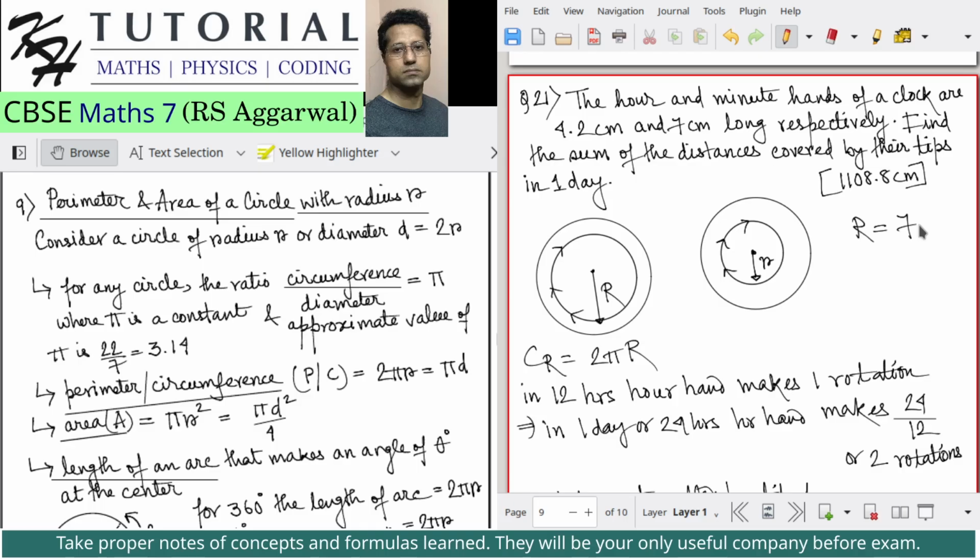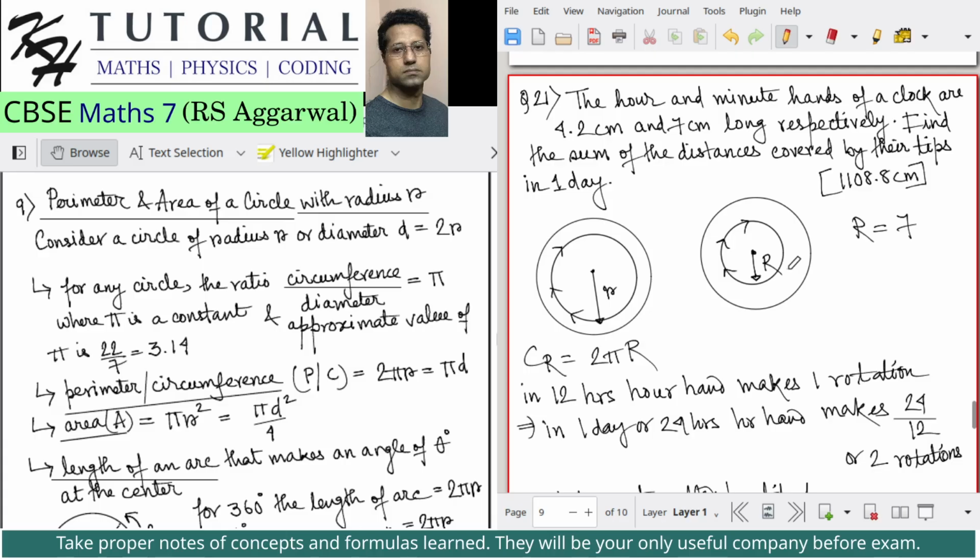Capital R should be used for the minute hand and small r should be used for the hour hand. So basically this should be small r and this should be capital R, even though small r is looking larger than capital R.